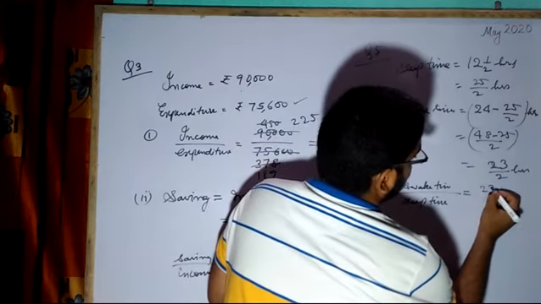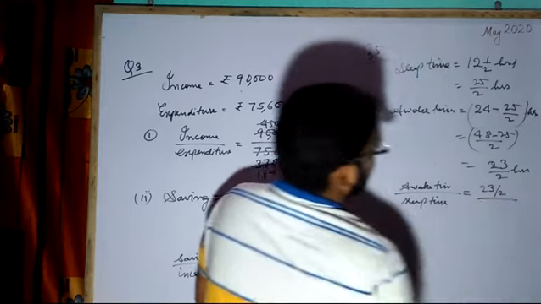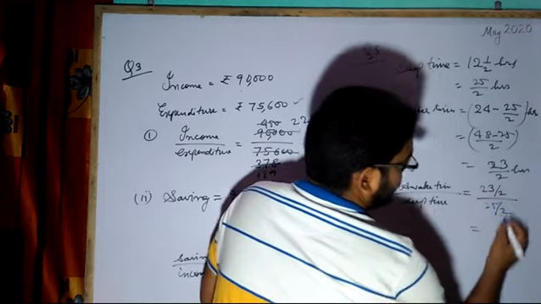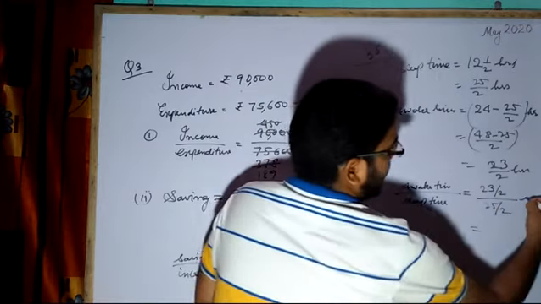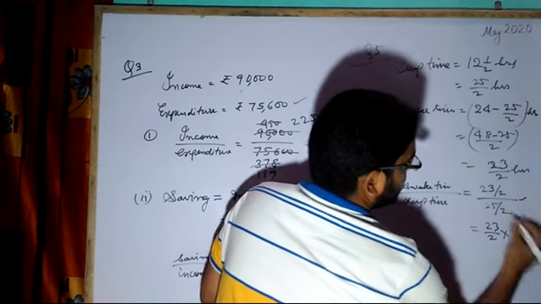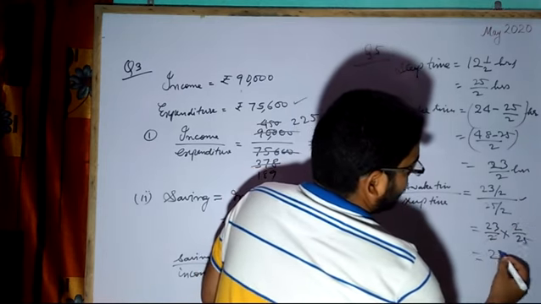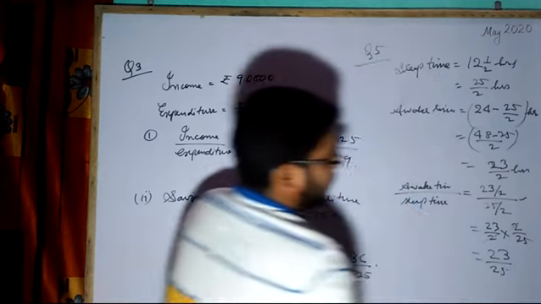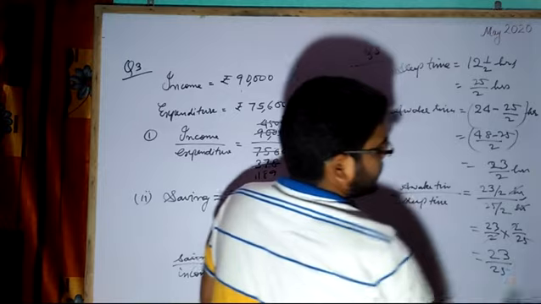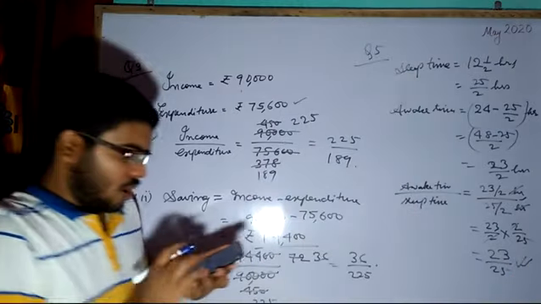Awake time is 23 by 2 divided by sleep time 25 by 2. You know x by y, this is a fraction, so you can invert the second one, the reciprocal. 2 cancel. So it will be 23 upon 25. Here we have unit hours and hours cancelled, so your ratio will be this. I hope this one is clear.